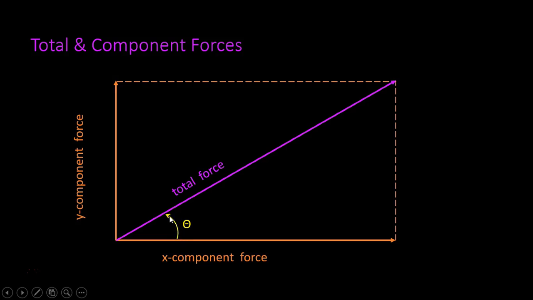So we would measure this angle, and that would tell us the direction of this total force vector. Notice that this total force vector, the x-component force vector, and the mirror image of the y-component force vector create a right triangle. And that's important because that can help us determine the strength of the x-component and the y-component.